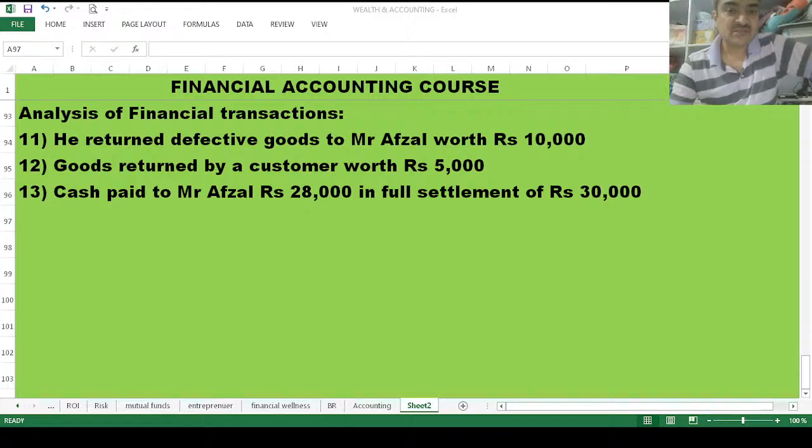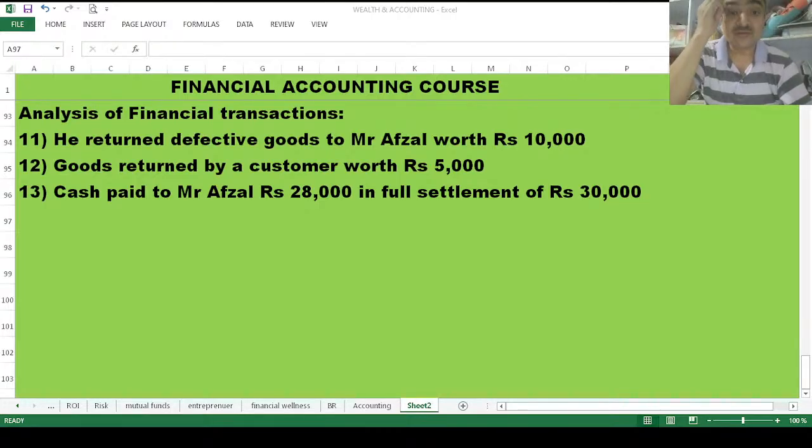There are three changes in the transaction. Number one is there will be a decrease in cash by rupees 28,000, which is an asset. So there will be a reduction in an asset. And the second change will be decrease in creditors, which is a liability, by rupees 30,000, as we no longer pay Mr. Afzal.